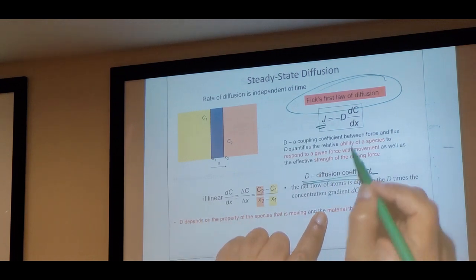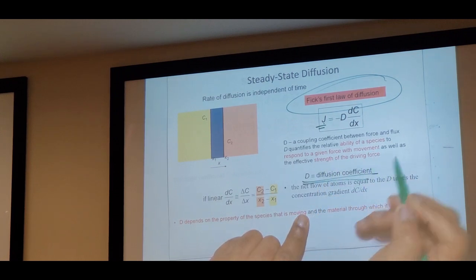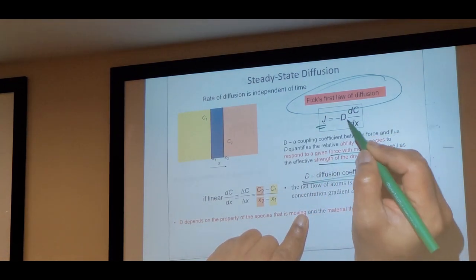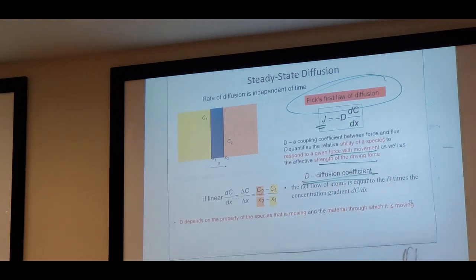And D quantifies the ability of a species to respond to a given force with the movement as well as the effective strength of the driving force. So D depends on the ability of that material. That is the diffusivity of that material. It depends on that given material itself.